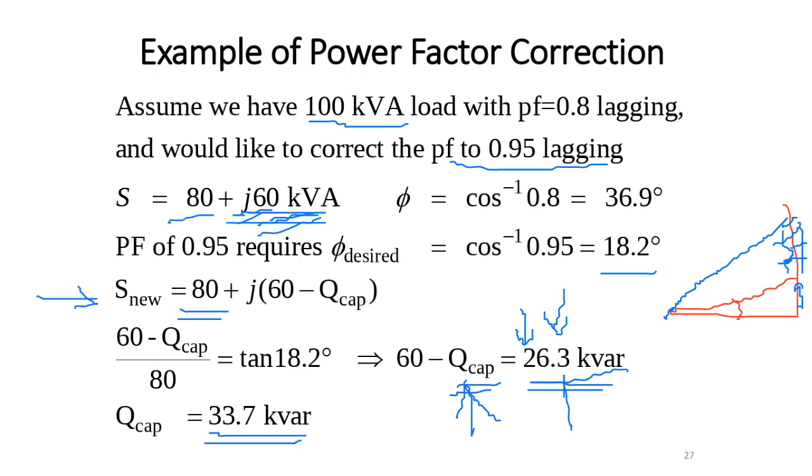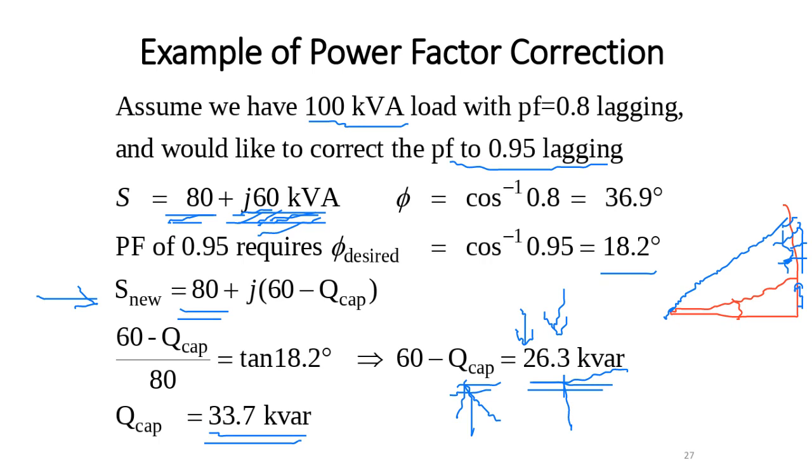If this is 80, we want to bring it down to maybe 20%, about 18 or 20% of the real power, and small. We cannot have very large reactive power close to the real power. This is too much just by looking at the numbers.